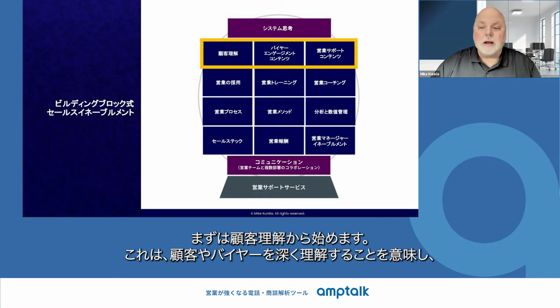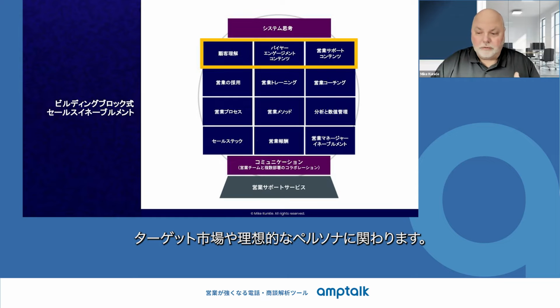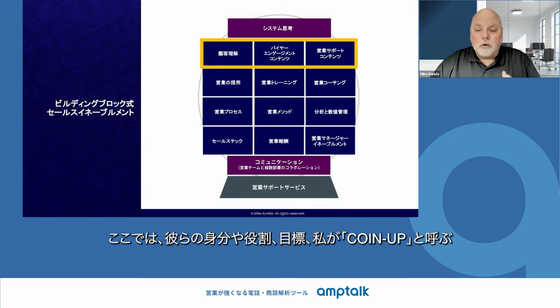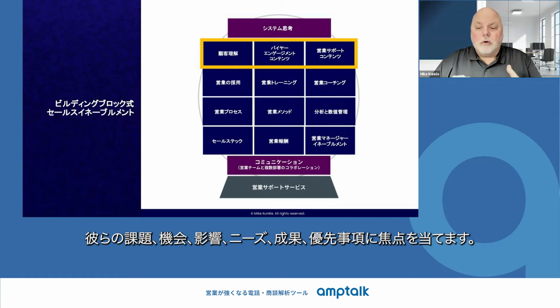It starts with buyer acumen, or a deep understanding of your buyers and customers. This is the market that you serve and your ideal customer profile, or ICP. This includes who they are, what are their roles and goals, and something I call coin op, or their challenges, opportunities, impacts, needs, outcomes, and priorities.